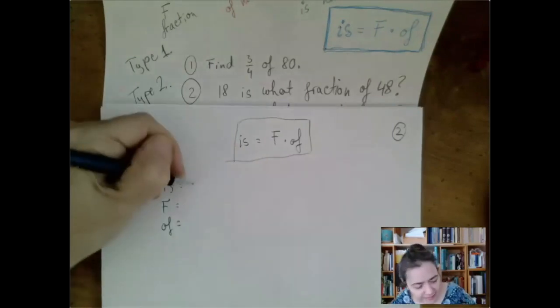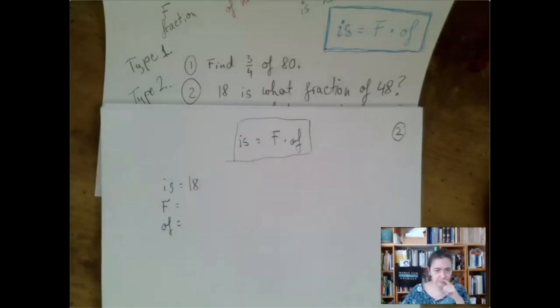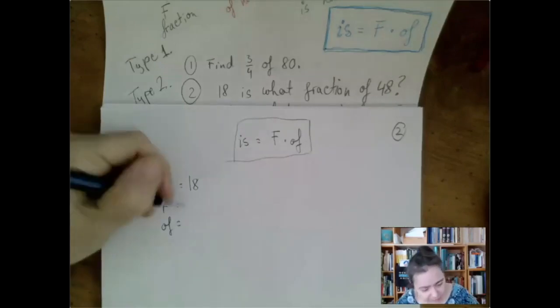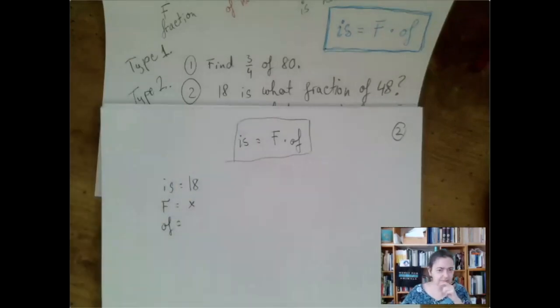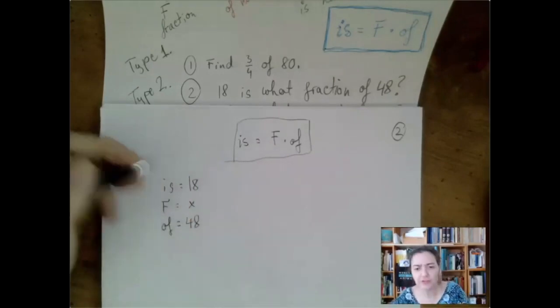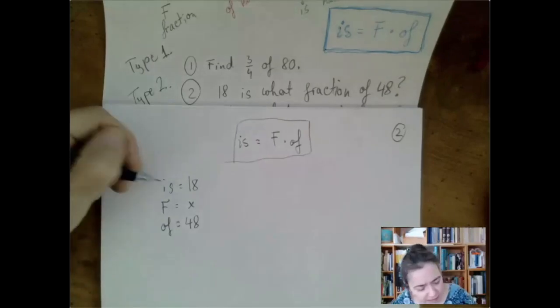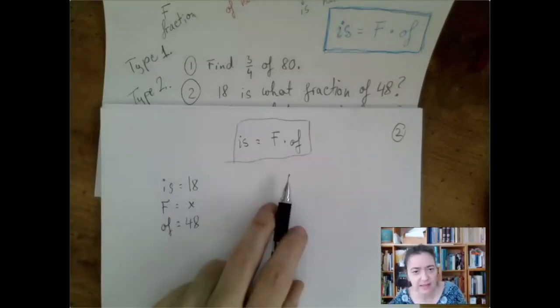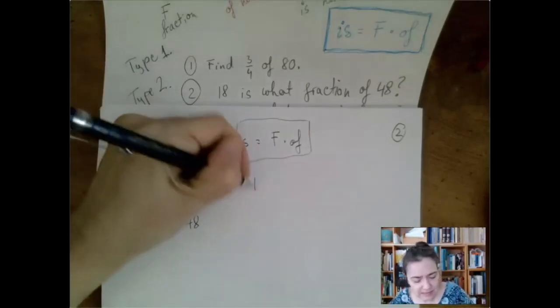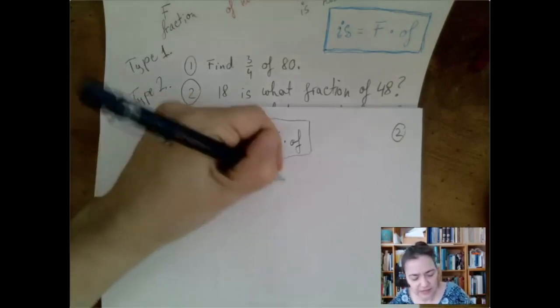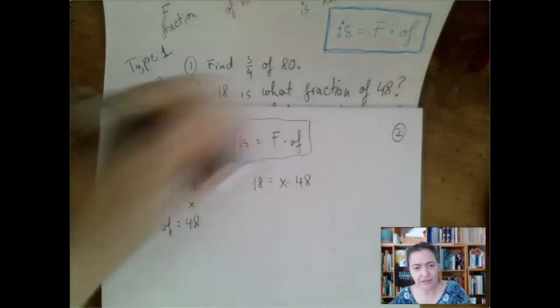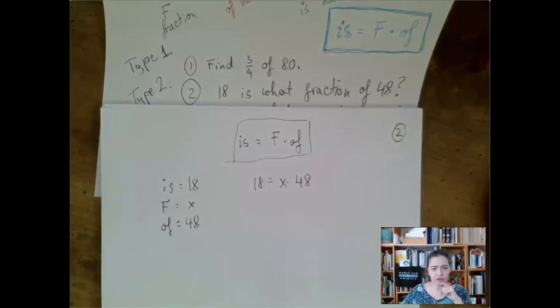Very good. Fraction is x. Very good. And then 48 is of. Perfect. And after a while, you're not going to need to write this table. But at first, it's not a bad idea. And now we're just going to state this: is equals fraction times of. And now the word problem is over. And we're looking at a one-step equation, right?